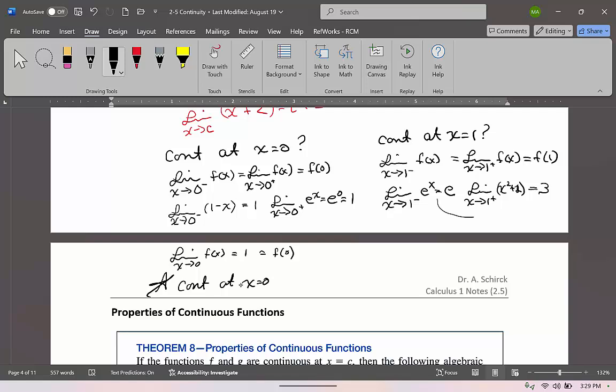And as x approaches 1, this actually approaches 3. So since the left hand and the right hand limits are not equal, that means the limit as x approaches 1 of f of x does not exist. And that means we have a discontinuity at x equals 1. Okay?